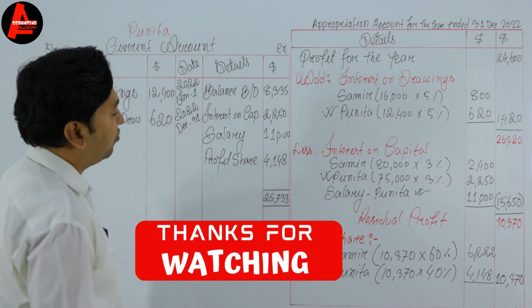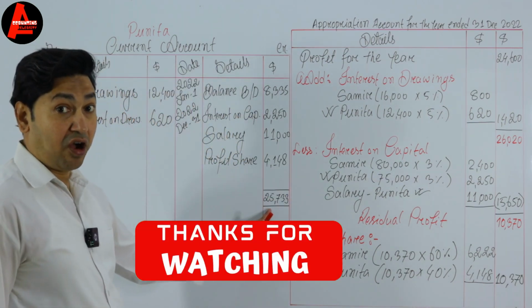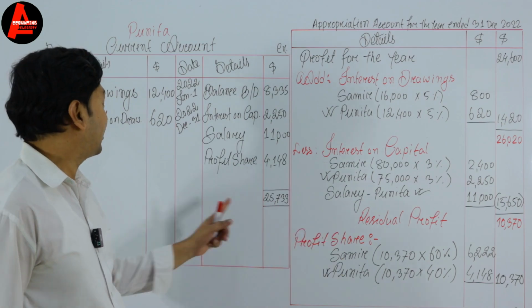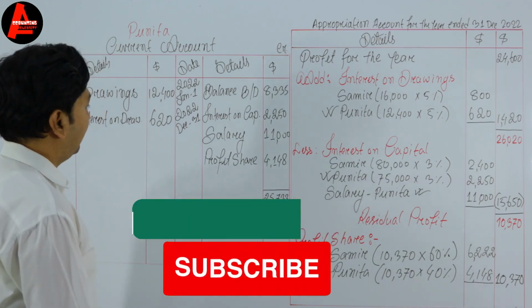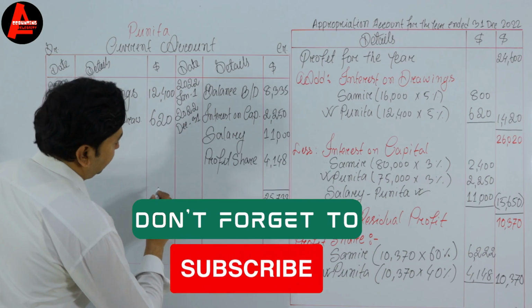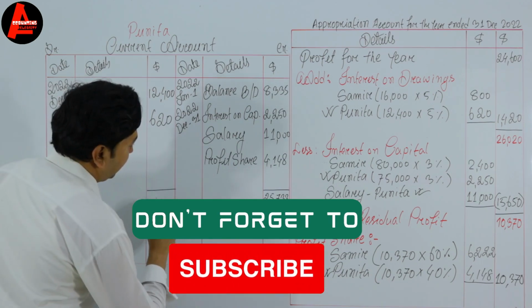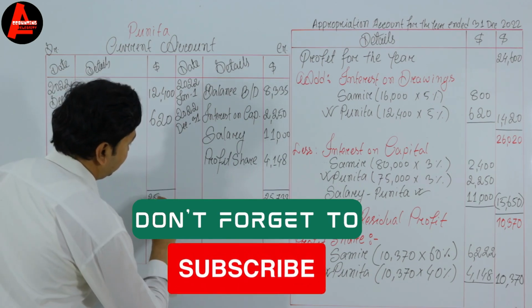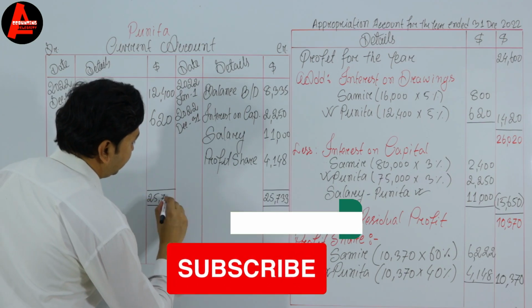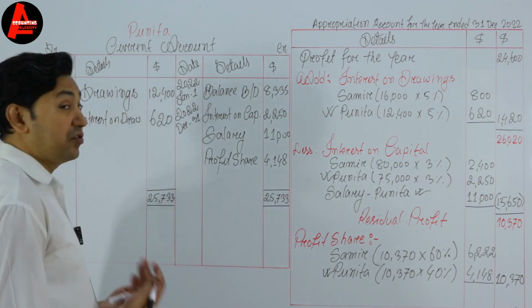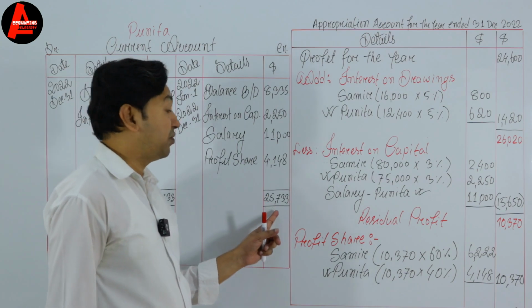Now we will take this total to the opposite dollar column, that means the debit dollar column. Here we will take the same amount, at the same level, 25,733.